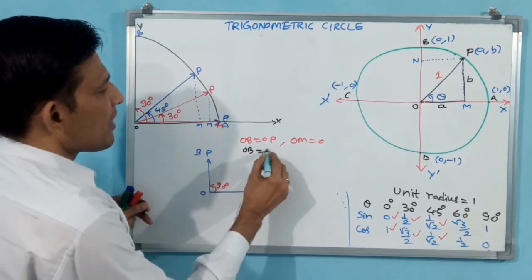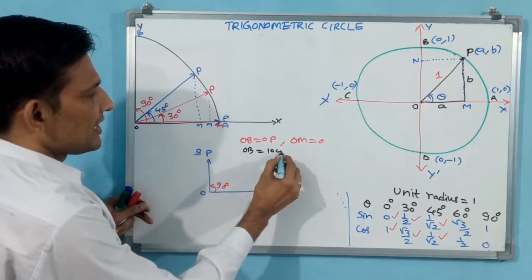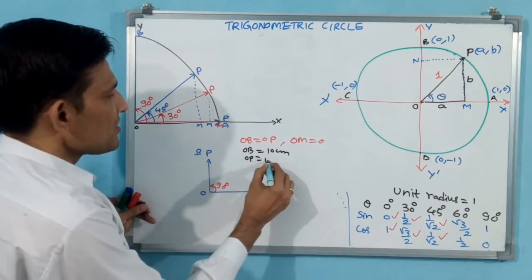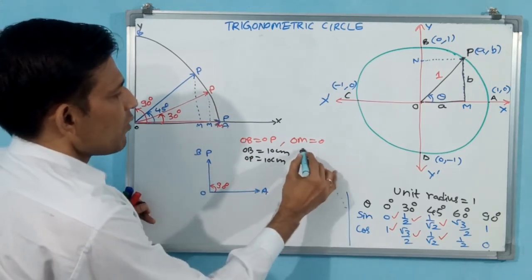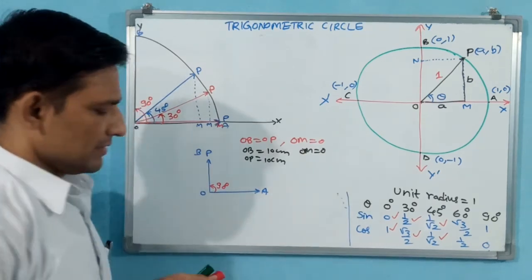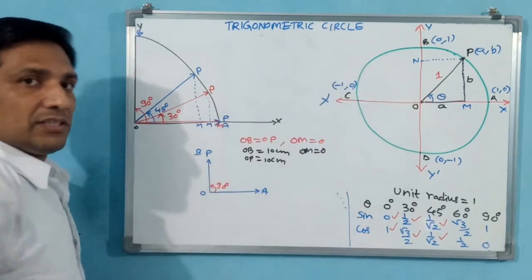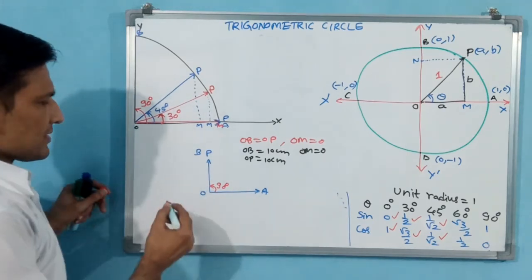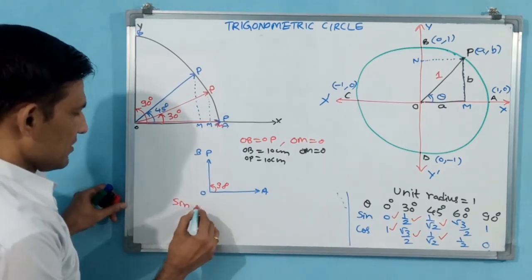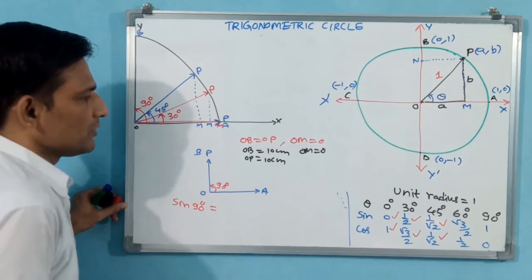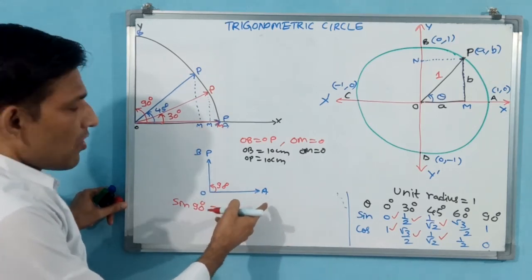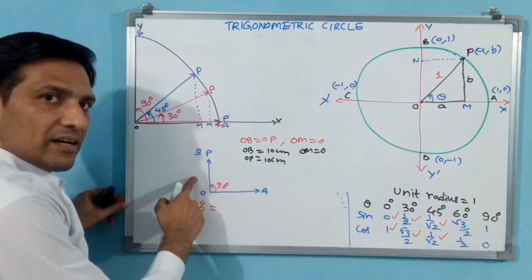OB is equal to 1 or 10 centimeter. 1 means for our calculation 10 centimeter we have taken. OP is equal to 10 centimeter. OM is equal to 0 centimeter. Okay? These three results we have received. Okay. Let us see sin 90. Sin 90 degree is equal to, see, sin 90, opposite side by hypotenuse.